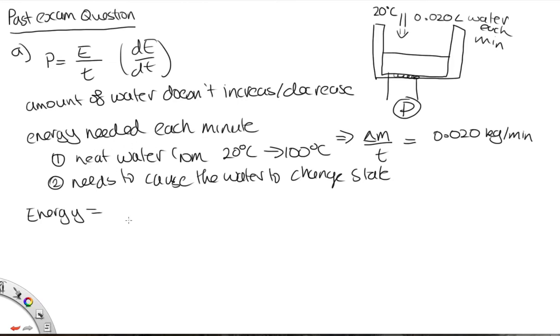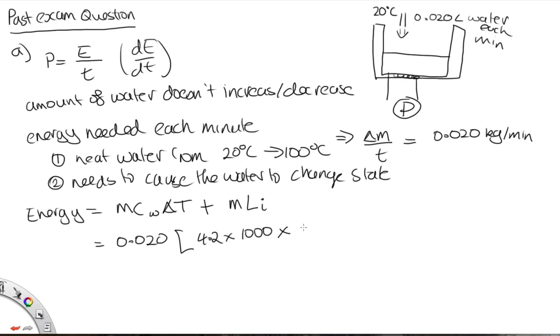We need to heat the water, so that's given by m c_W delta T. And then we need to change the state of this water, so that's given by m times the latent heat of evaporation. Okay, so let's calculate this. Each minute, the mass of water we're adding is 0.020 kilograms. The heat capacity of water is 4.2 kilojoules per kilogram per Kelvin, so this is 4.2 times 1,000.